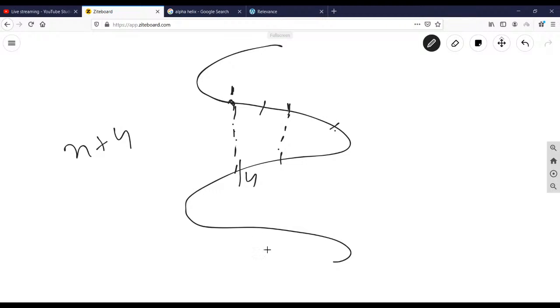Like this you have hydrogen bonding leaving 3 residues. N plus 4, that is the way it goes regarding the hydrogen bonding. It is written as N i plus 4. So this gives a very regular and stable arrangement.